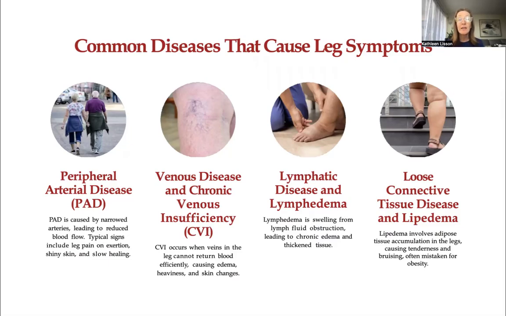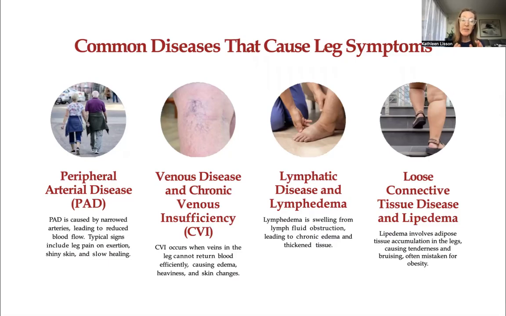The second one, the big one for me, because I go to a lot of conferences on this topic and know a lot of venous surgeons, is vein disease and chronic venous insufficiency. CVI occurs when the veins in the leg cannot return the blood efficiently, so that will cause edema, it will cause heaviness, it will cause skin changes.